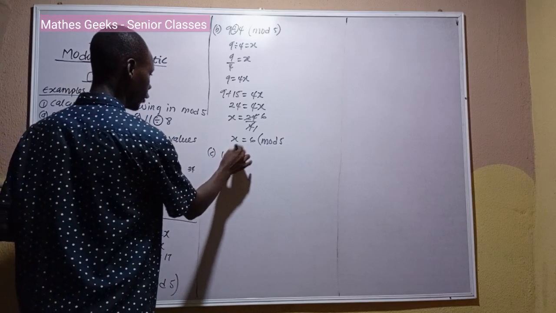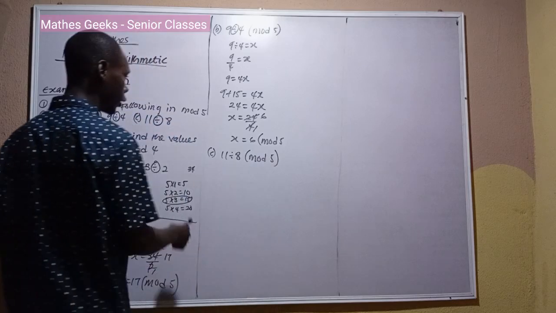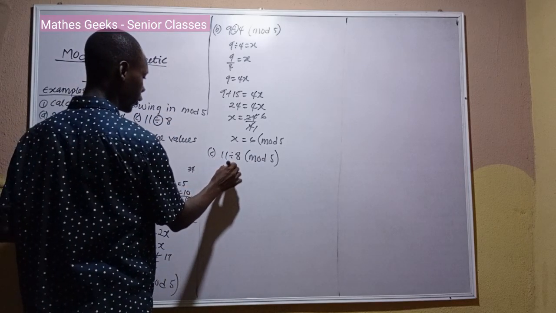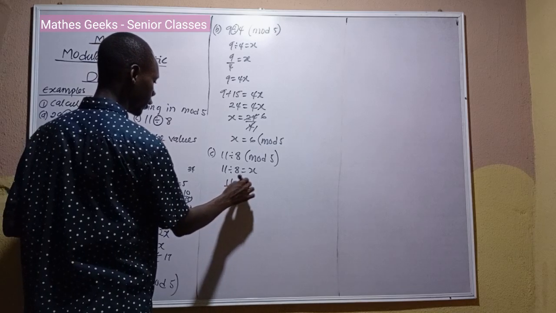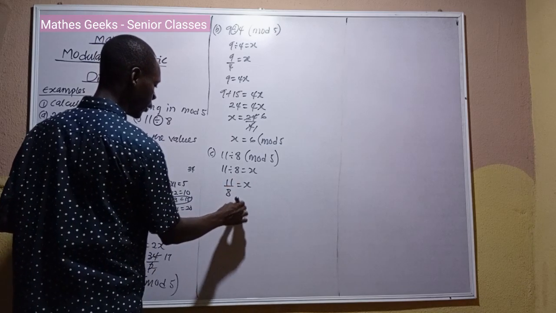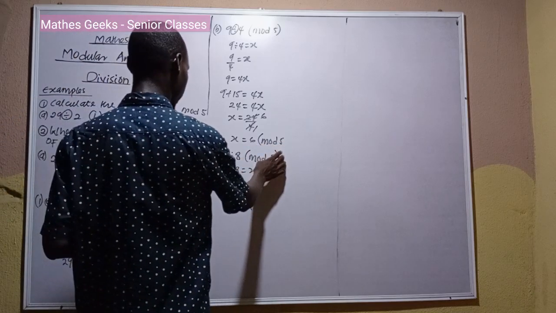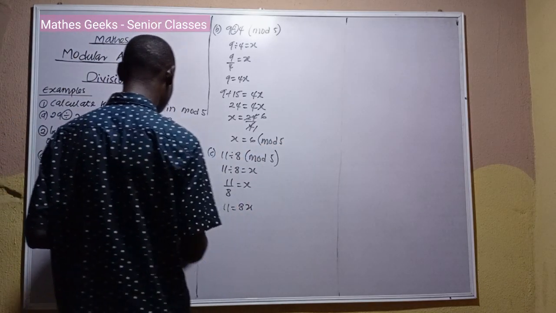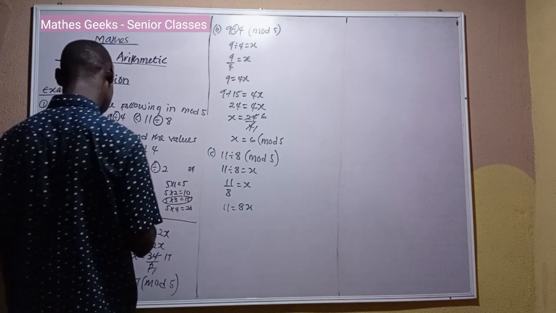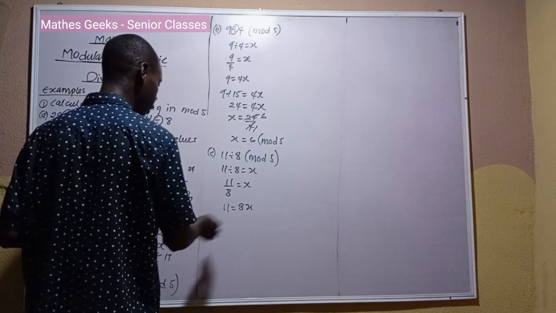11 divided by 8 mod 5. So 11 divided by 8, let's make it equal to x. So 11 over 8 equals x. 11 is equal to 8x. So get a multiple of 5 and add this to 11, so it is divisible by 8. So 5 times 1, 5. 5 plus 11, 16. 16 is divisible by 8.